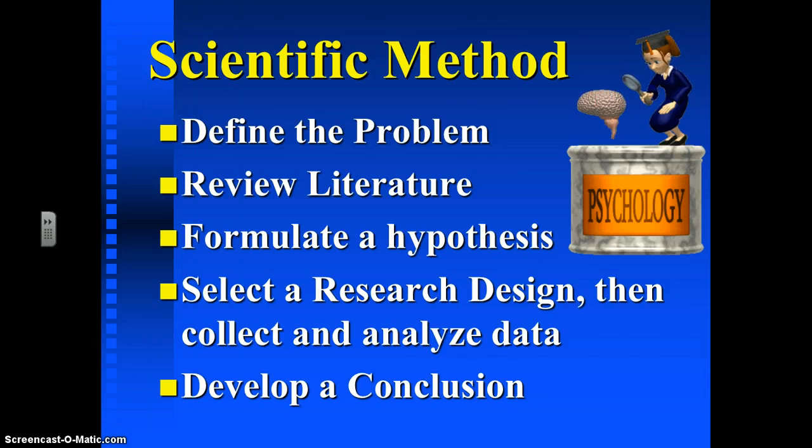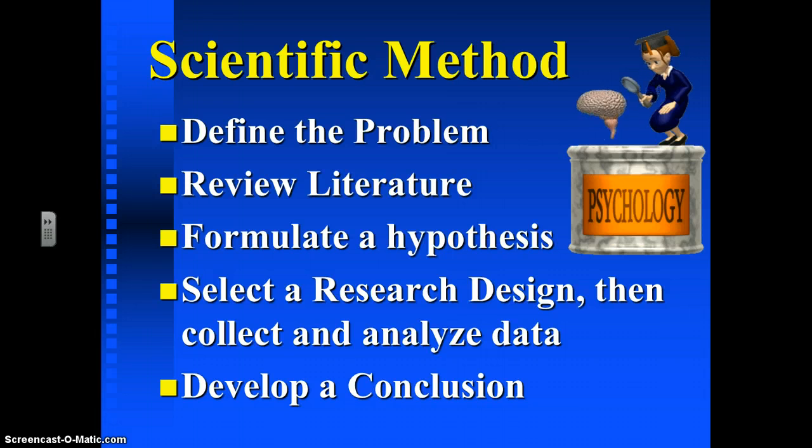You then go out and review the literature, see what it is that's already been published on this topic, what kind of research has already been done, what you can learn about it to begin with, and then eventually you formulate the hypothesis. Many of you have heard about that before.